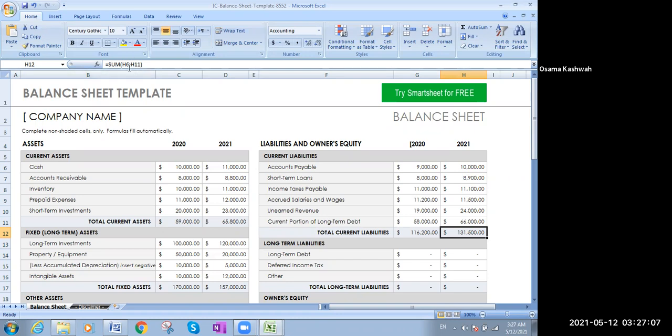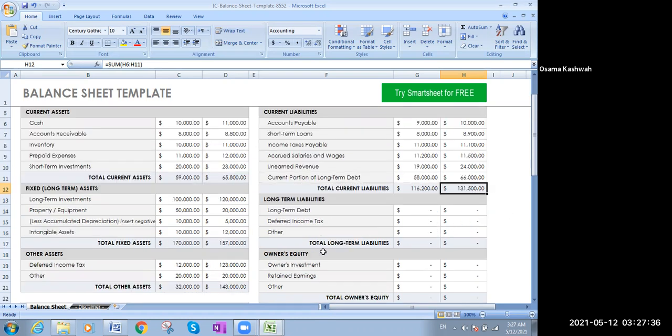The two dots mean till, or the whole range. What is between brackets, we call it the range. And the two dots mean the range between the numbers. So here it is between H6 and H11. That will give it. What will I do with them? SUM. What is the meaning of SUM? I will add them together. 10 plus 8 plus 11 plus 11 plus 24, and so on.